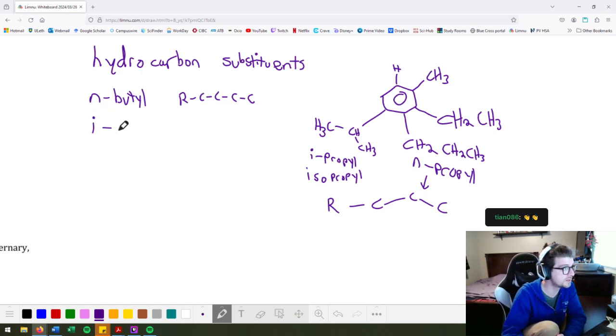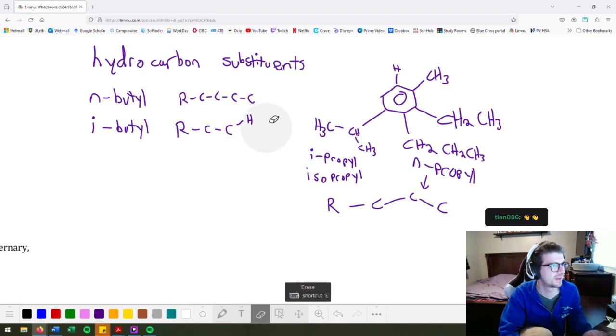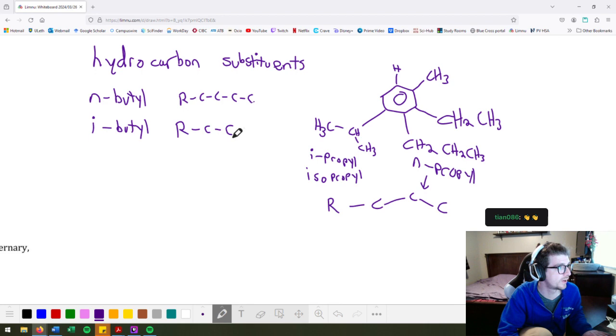We've also got isobutyl. And this is a chain that looks like this. That's not a hydrogen. I promise I'm really good at this stuff, guys. Okay, try it again. That's a carbon. That's a carbon.